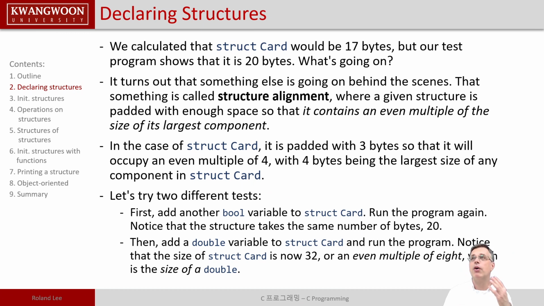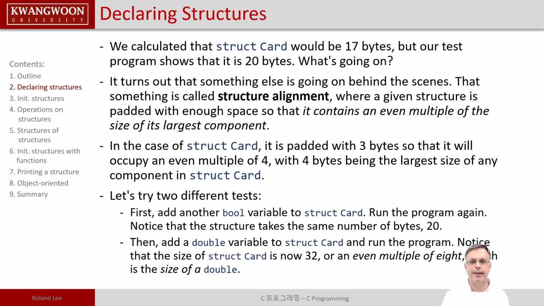The largest component is 4, so 5 times that multiplication, and that's why we have 20. In the case of struct card, it is padded with 3 bytes, so that it will occupy an even multiple of 4, with 4 bytes being the largest size of any component in struct card.